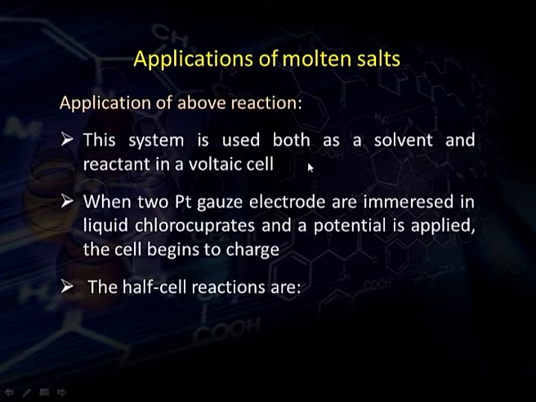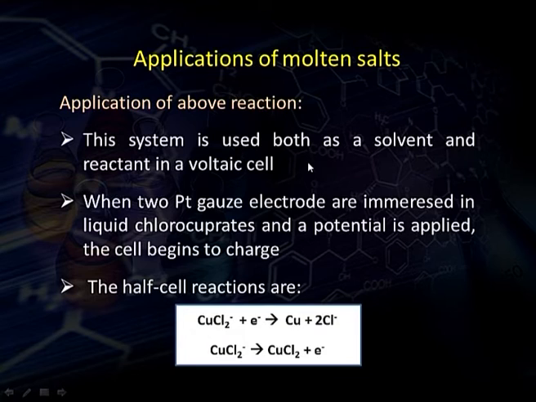And the half cell reactions are: CuCl2- takes an electron, that means it is reducing. This is the reduction reaction, it forms copper plus 2 chloride ions. The second reaction is CuCl2- forms CuCl2 plus an electron, it releases an electron, therefore, this is the oxidation reaction.